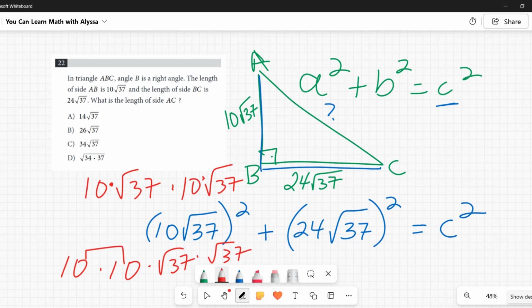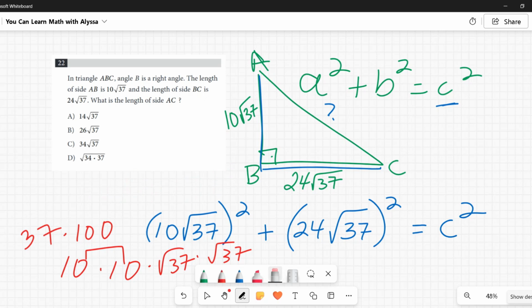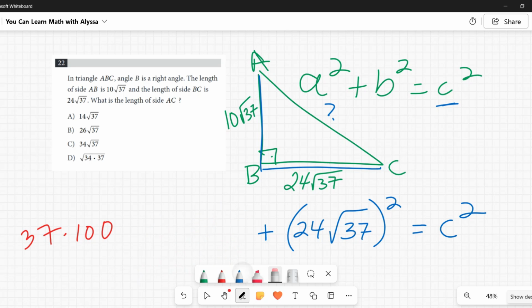So 10 times 10 is 100, and square root of 37 times square root of 37 is just 37. So all of that means that 10 square root of 37 squared is 37 times 100, or 3700.